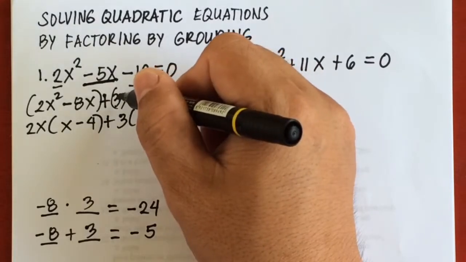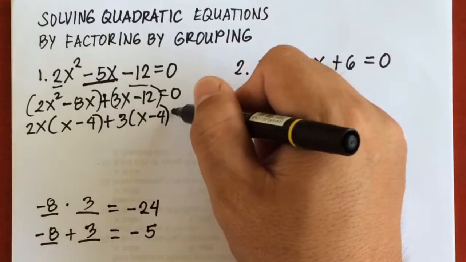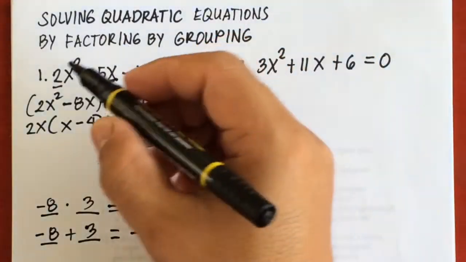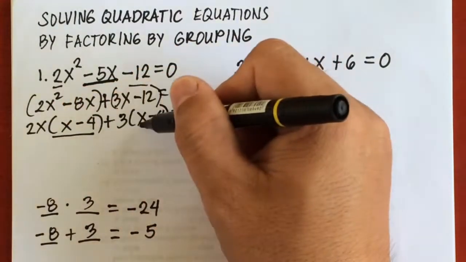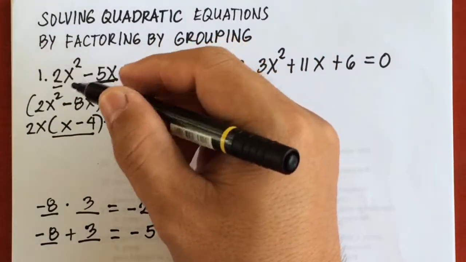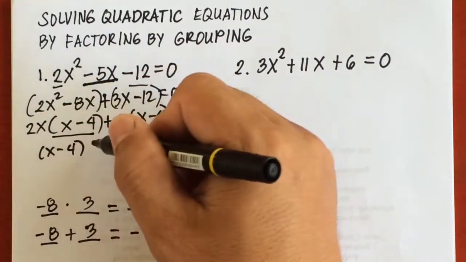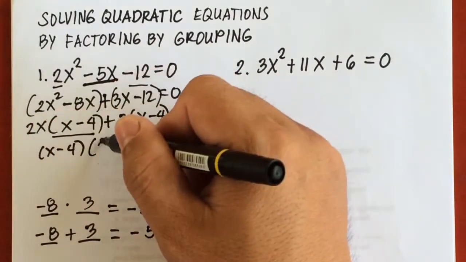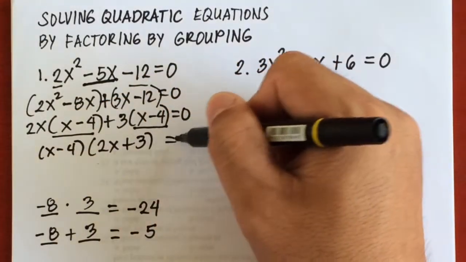So 3x divided by 3 is x, negative 12 divided by 3 is negative 4. Then this will be equal to 0. Then if we look at the result here, there's also a common factor, so we're going to have that one as x minus 4. Then we're going to have this one as 2x plus 3 equals 0.